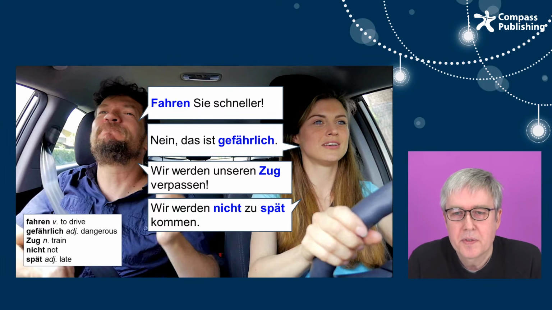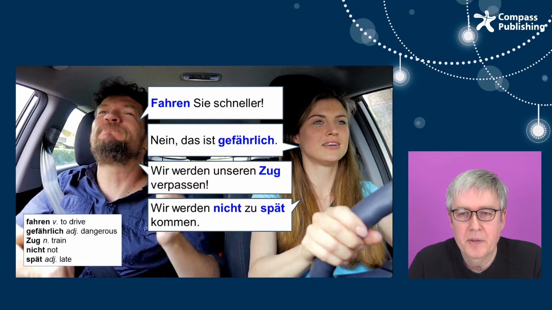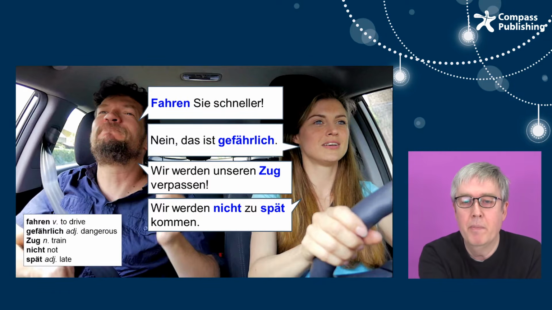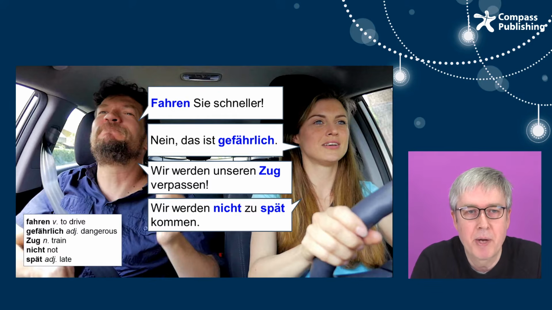Not the directions. Kyung-im said the directions. Yeah, right. They're about to miss the train. Miguel said they're about to miss the train. The man is saying, go faster, go faster. And the woman's saying, it's dangerous. Don't worry, we're not going to be late.